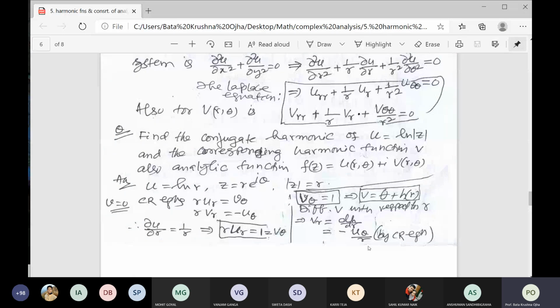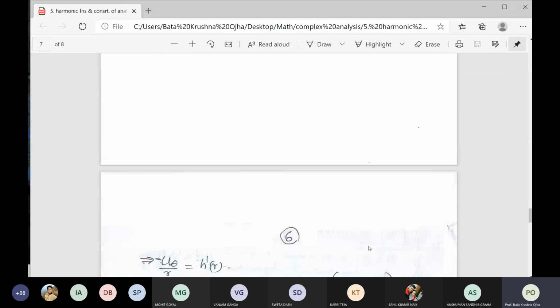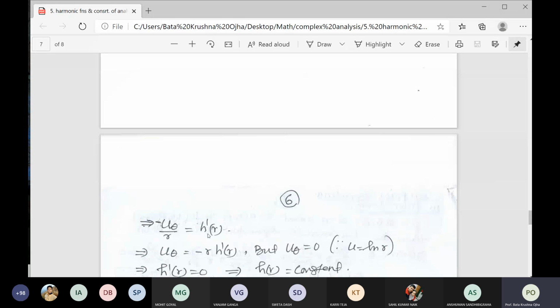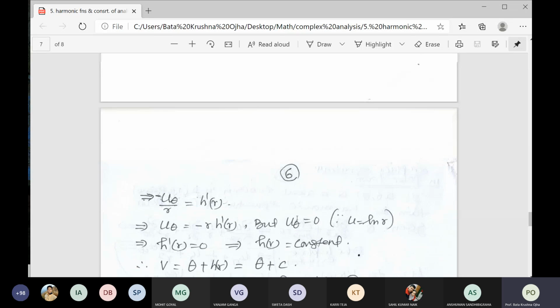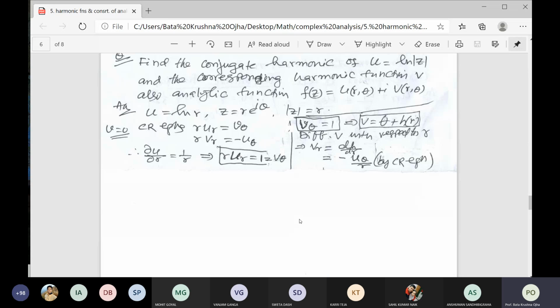But what is your u_theta? Already you know u_theta is equal to 0, because u is a function of only r, there is no theta. So the derivative of u with respect to theta is equal to 0. Therefore h dash r is equal to 0.